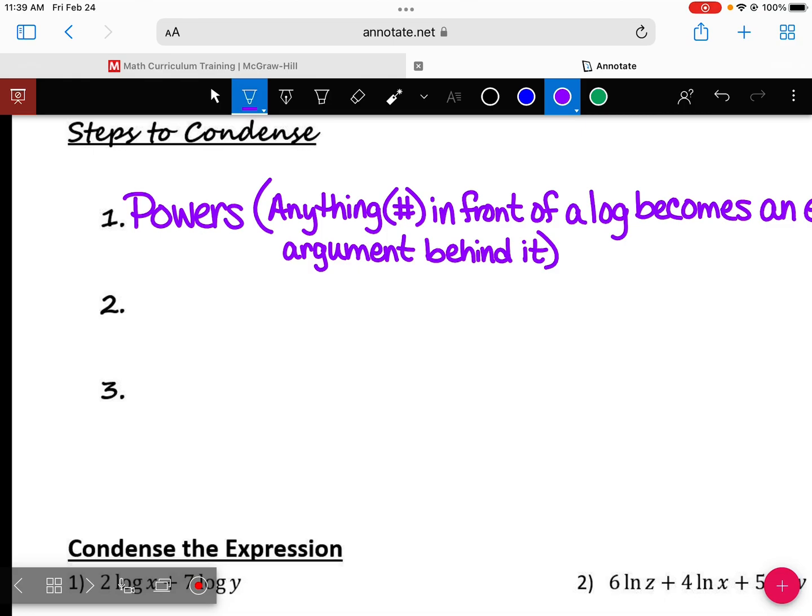So I'm looking for any numbers that are in front of the log. If I see a number in front of a log, it's going to become an exponent on that log's argument.